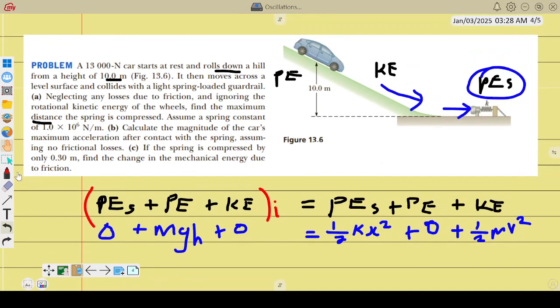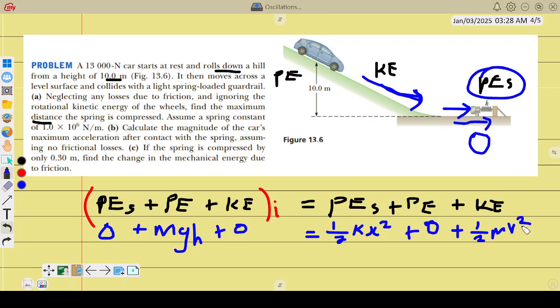Here the kinetic energy, assuming the car was moving, so it had kinetic energy, but when it bumped into the spring, was it still moving? At this point, the kinetic energy wasn't there because the car wasn't moving.